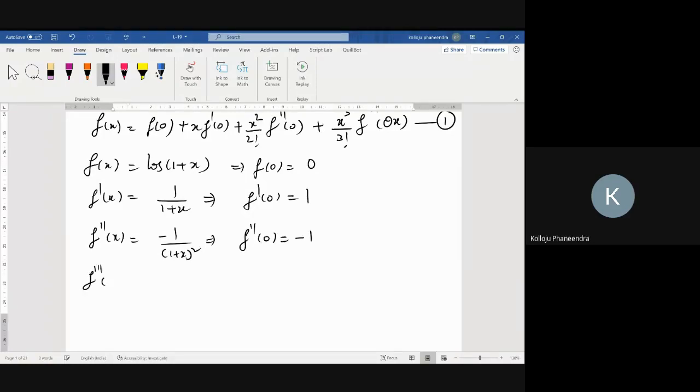And f triple dash x is 2 by (1 plus x) whole cube. What is required is theta x, so f triple dash of theta x equals 2 by (1 plus theta x) whole cube.